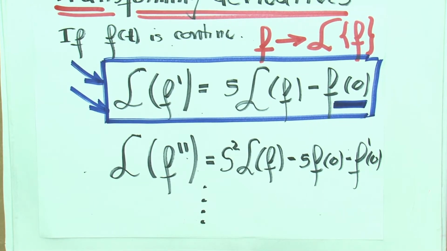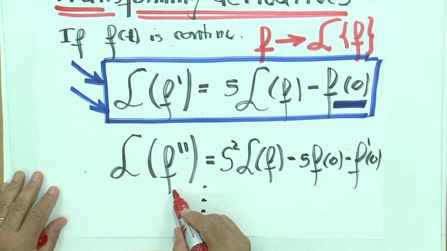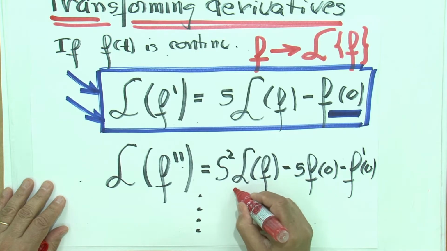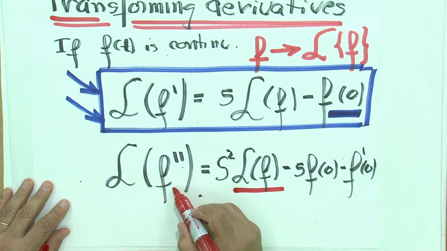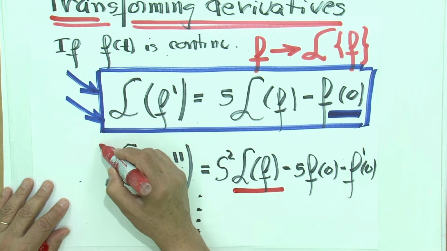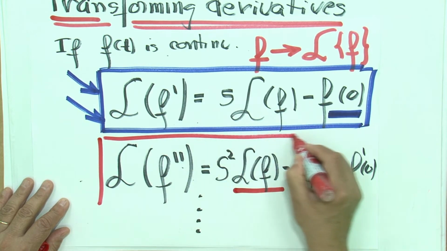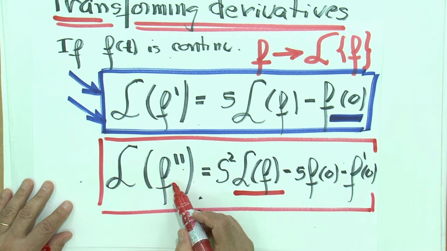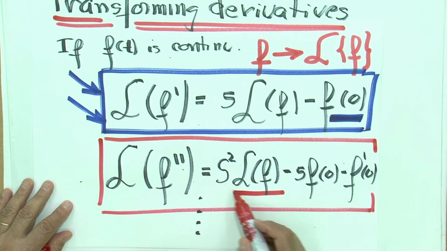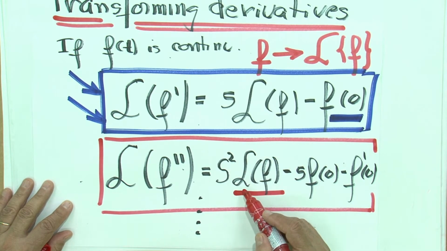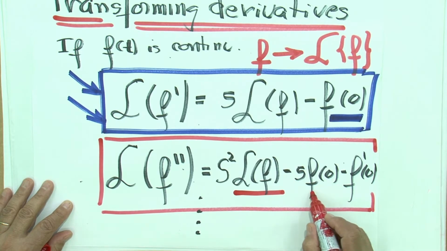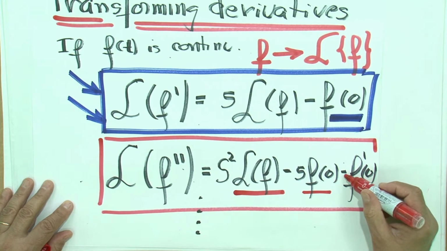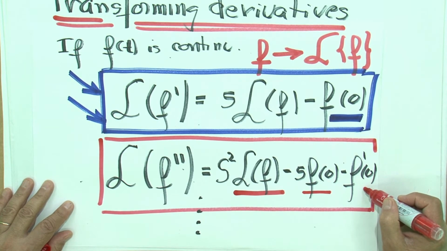Now, let's take the second order derivative of a function. If I know the Laplace transform of the function, can I know the Laplace transform of the second derivative? Yes. The Laplace transform of the second derivative is s squared times the Laplace transform of the function, minus s times the value of the function at the initial condition, minus the derivative of the function at the initial condition.